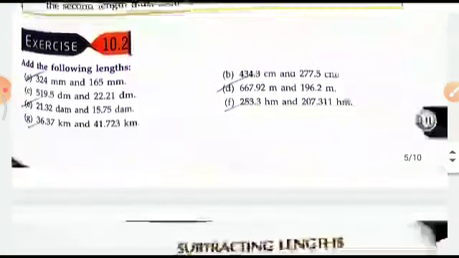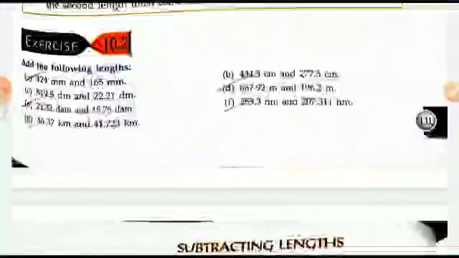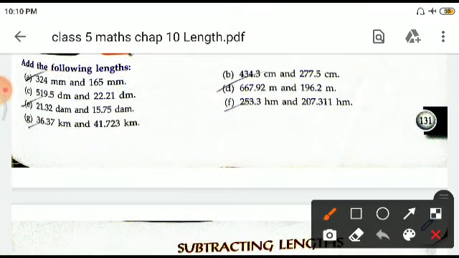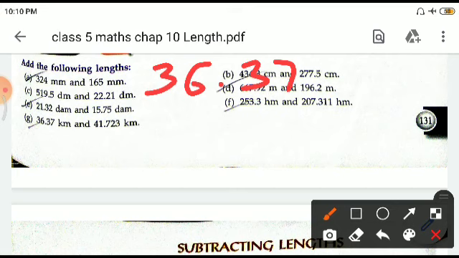See, these are some exercises here. So I'll be taking one of them, right? Let me take the one at the end. 36.37 kilometers we have to add with 41.723 kilometers. So I will be writing 36.37, and in the second one we have one extra digit, so I'll be adding a 0 here, right?